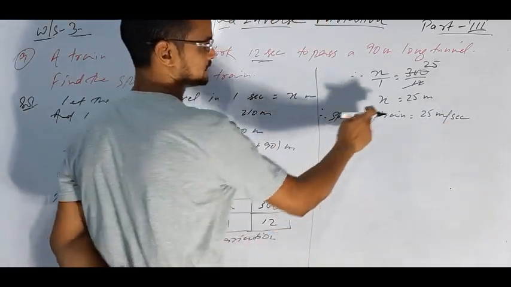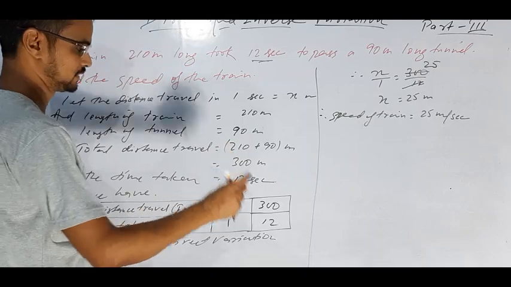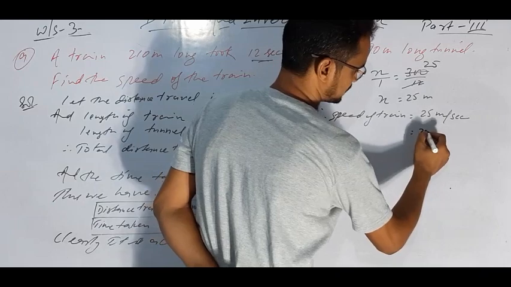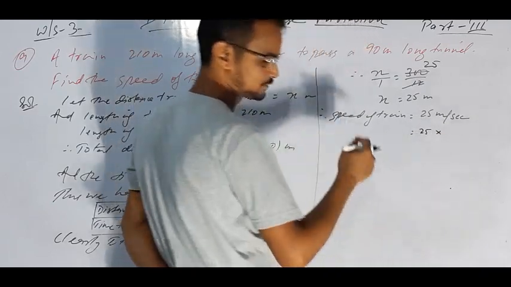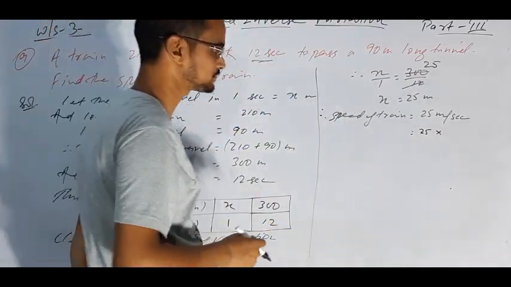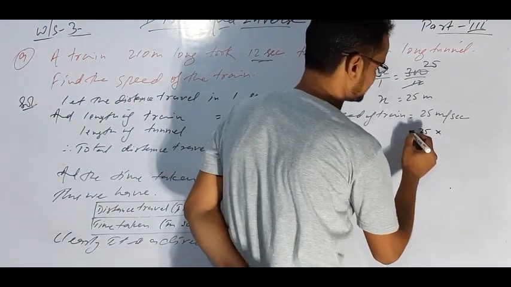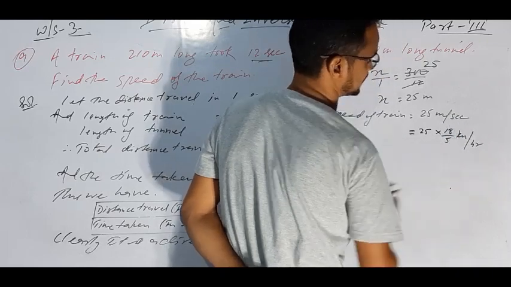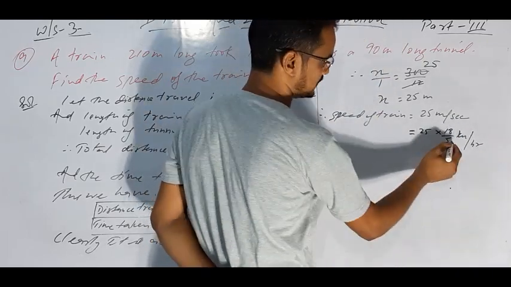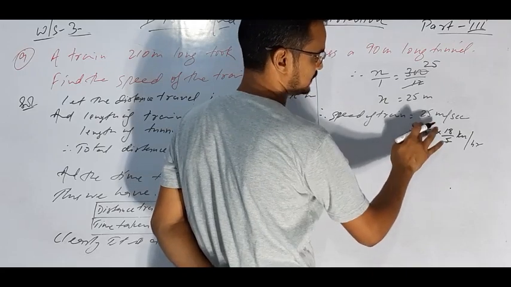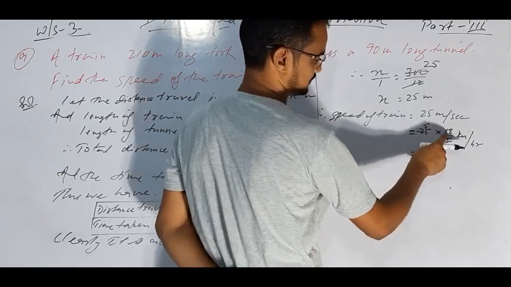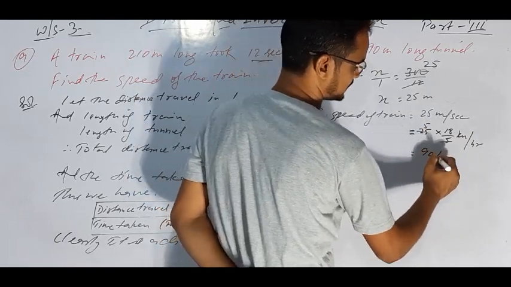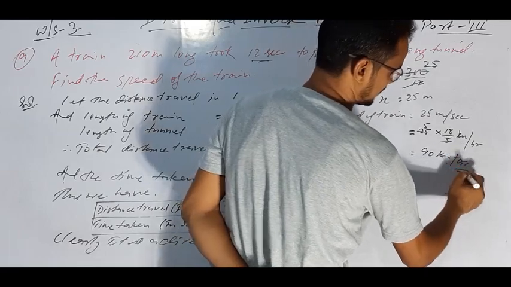This distance of 25 meter is travelled in 1 second, so it is the speed of the train, which we multiply by 18 by 5 to get kilometer per hour. This is the unit we have discussed previously. Now cancelling 5 by 25, 5 times 18 is 90 kilometer per hour.